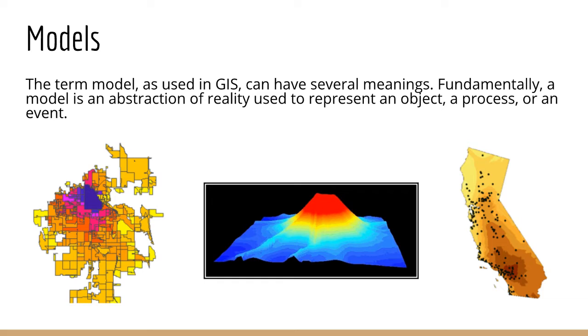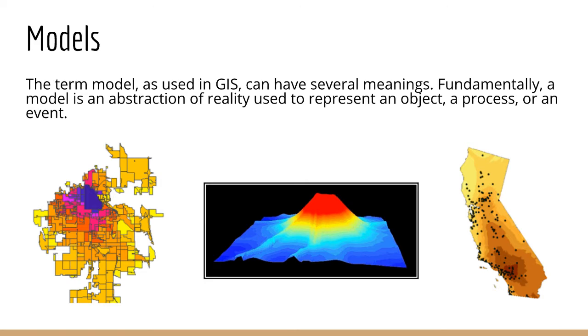So it's an abstraction of reality, and we use models to better understand all kinds of processes beyond the GIS world. So models are real common. Maybe we look at the spread of some kind of virus using a model. Okay, so we look at models oftentimes.